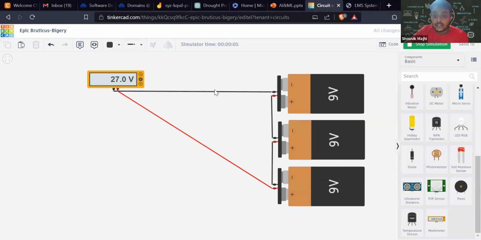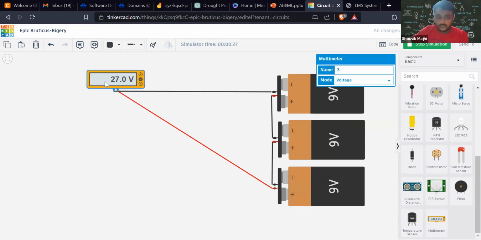So how 27? It's nothing, 9 plus 9 plus 9, right? 9 plus 9 is 18. 18 plus 9 is 27. So when power sources, or the batteries, are connected in series, the voltage adds up. It gives you an equivalent voltage of V plus V plus V, or 3V, right?